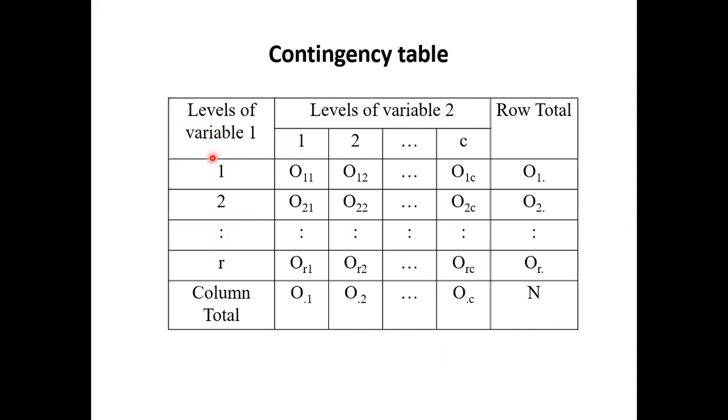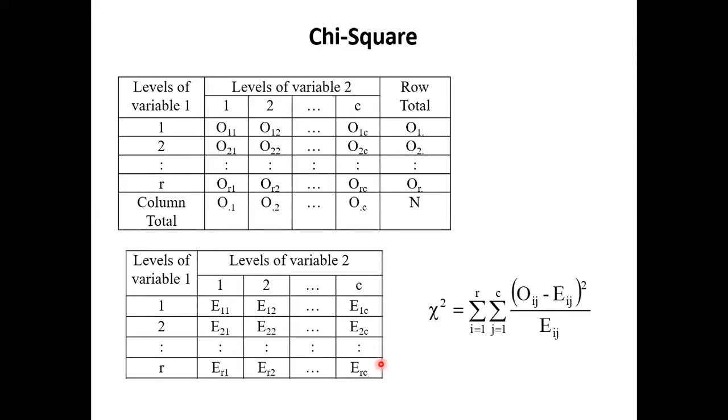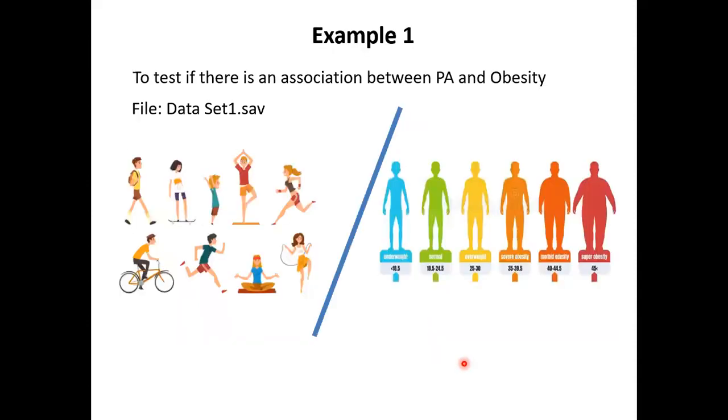Variable one can be like ethnicity, and this can be like smoking status, whatever it is. SPSS is going to table the two things for you later. Basically, look at the chi-square, because you want to know whether there is an association. Is it big or small? Then you make a conclusion. I don't want to go into the details of the formula.